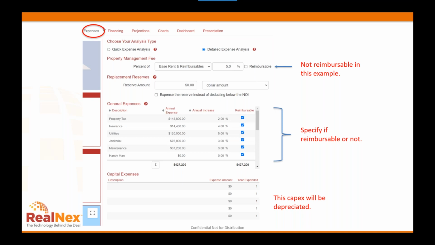There could also be some replacement reserves, as I talked about before, in addition to projecting out actual capital expenditures. Then you see the different expenses. So here we have property taxes, insurance, utilities, janitorial, maintenance, handyman. There's a whole list of expenses you can choose from, and you can rename any of these to any name that you want. So you're not stuck with the names here.